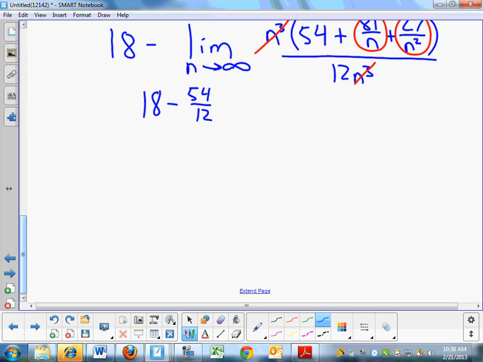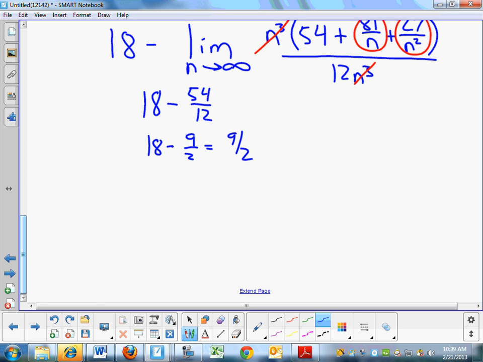Both are divisible by 6, right? So 18 minus 9 over 2. Well, that was accounted for. Yep, that was in it. 4.5, I think.